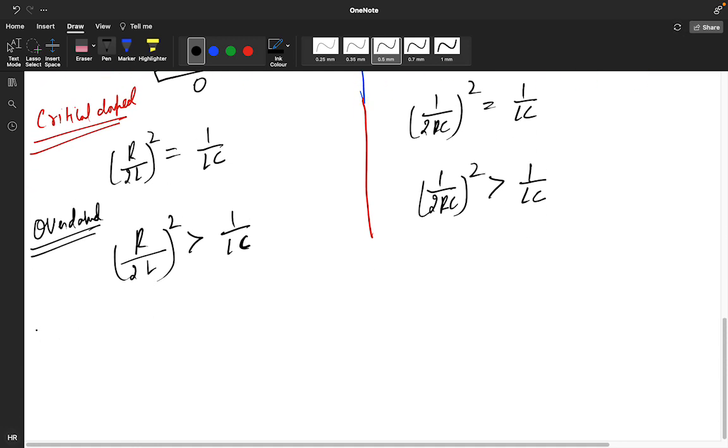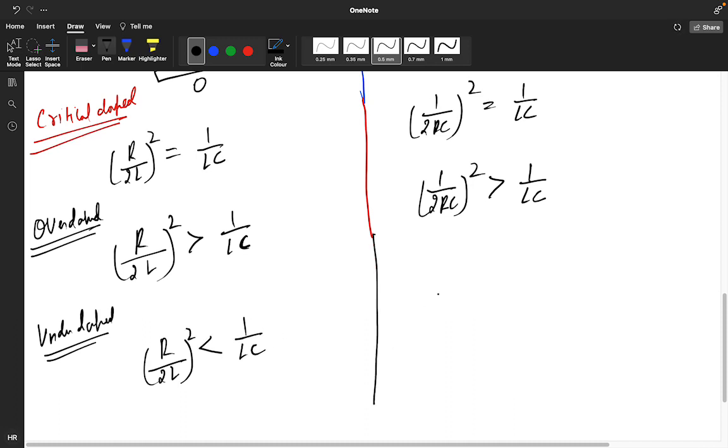And for under damped, when the root becomes imaginary, R by 2L the whole square is less than 1 by LC, and here 1 by 2RC the whole square is less than 1 by LC. So this is the case for under damped.